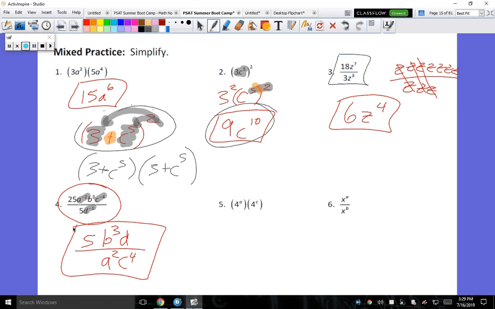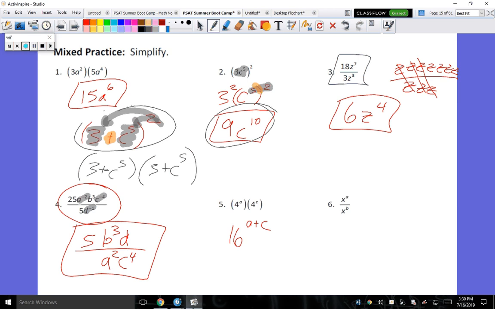What's the answer to number 5? 16 to the a plus c. Now, why did you say 16? A lot of you said 16. What if I told you it's not 16?